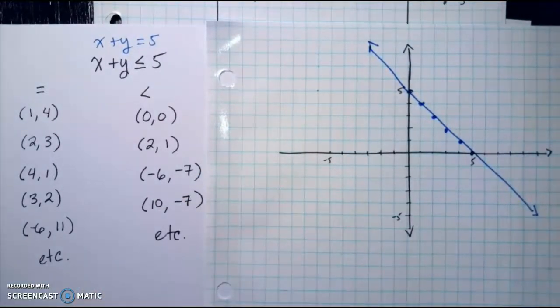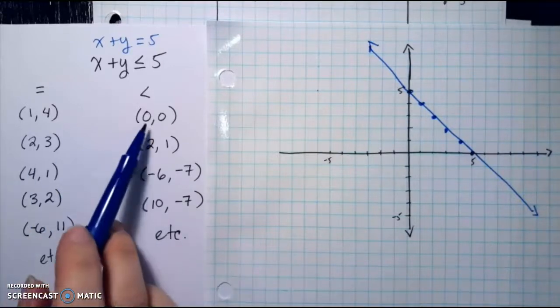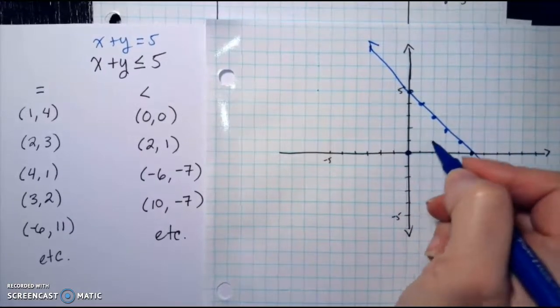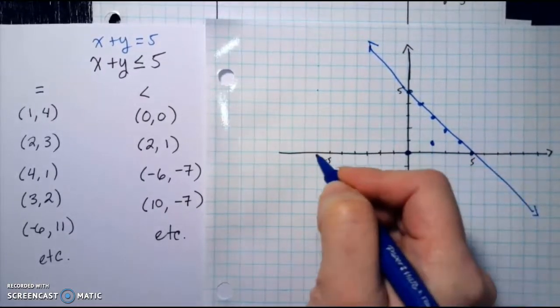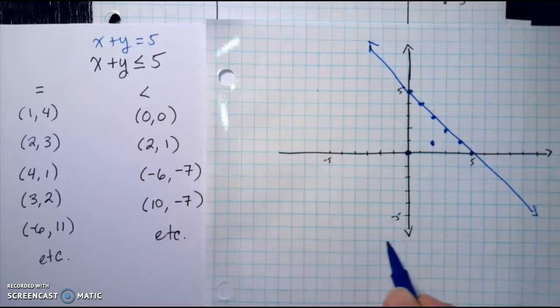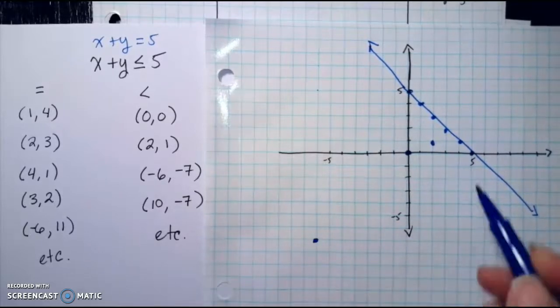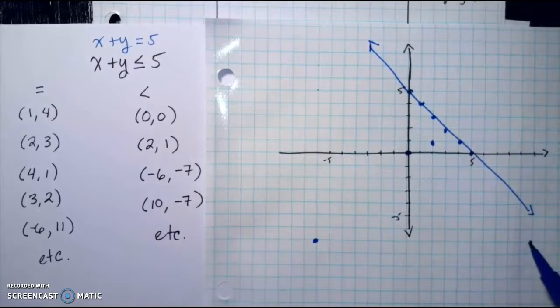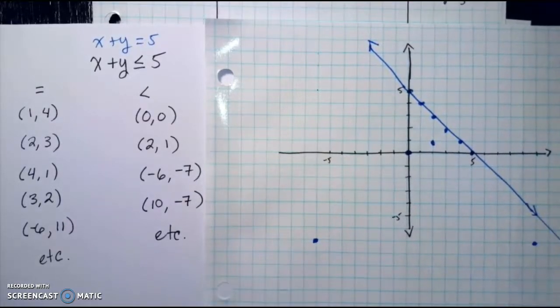Now the other solutions are not when the sum is equal to 5, it's when the sum is less than 5. So let's see where those fall in relation to the line. The first ones I thought of were (0, 0), (2, 1), (-6, -7), and (10, -7) as well. So that lives over here. If this line were to keep going, it would look like that, just to get the relationship.